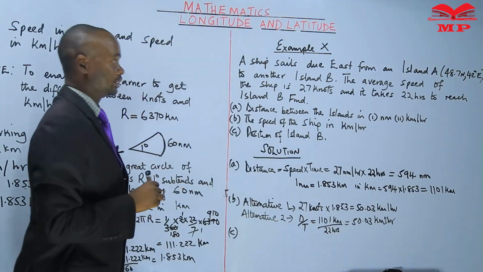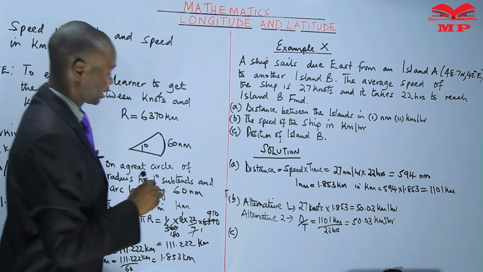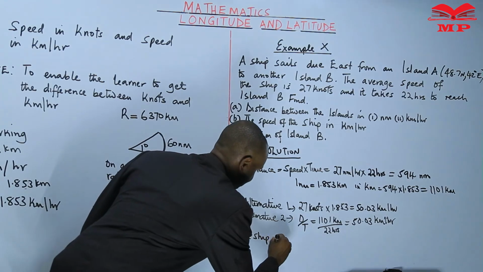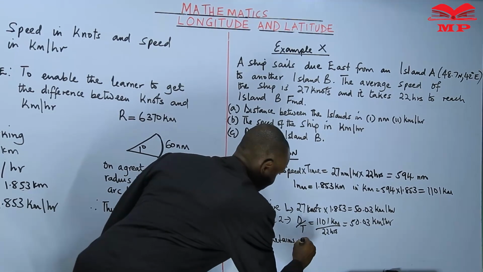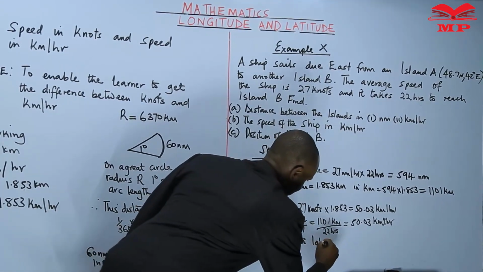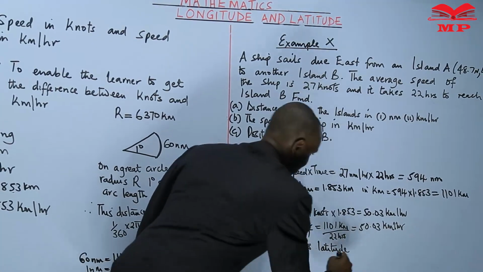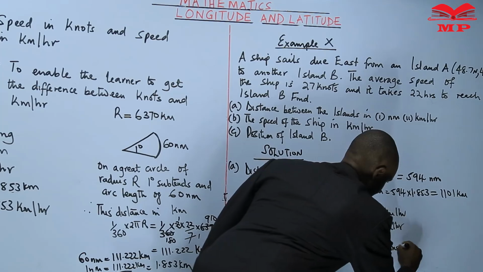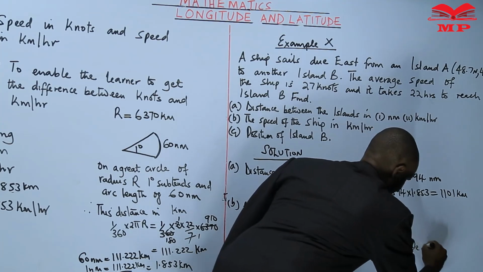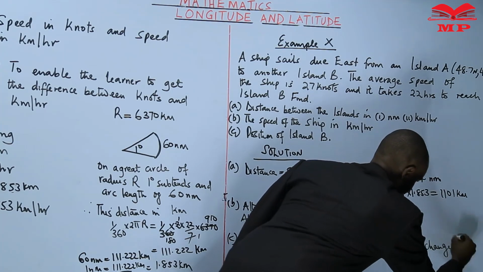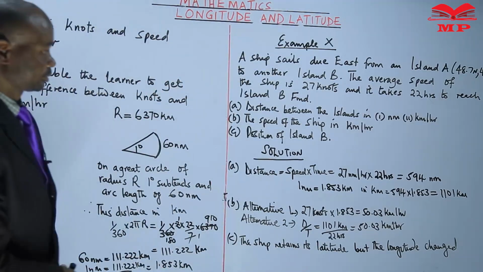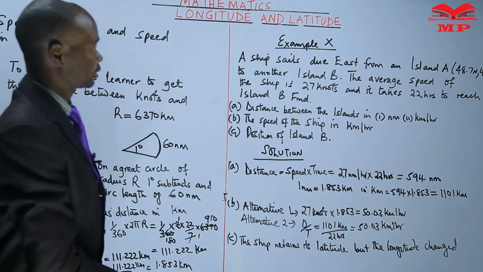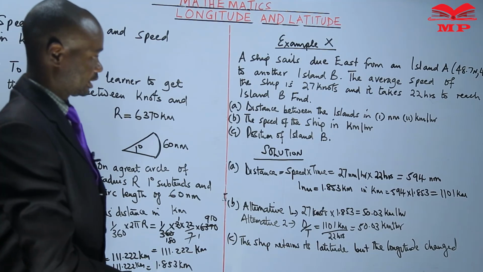So the ship retains its latitude, but the longitude changed. The longitude did what? It changed.